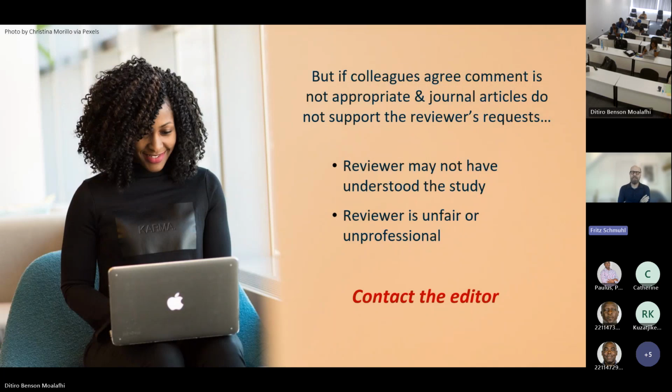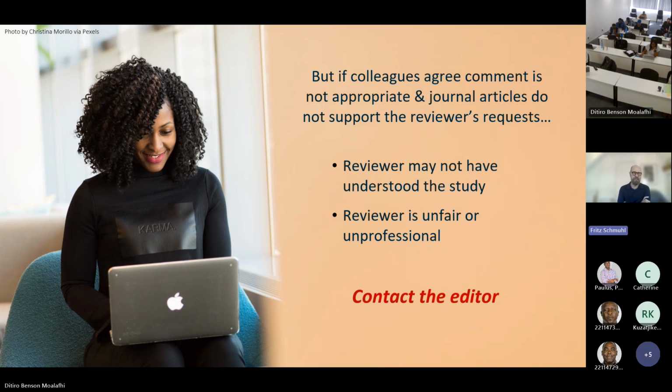It may be that there's agreement that some of the comments made by the reviewer could perhaps be due to the fact that they didn't actually understand what you meant. It could be that they didn't quite understand the study. It could be that they feel that the comments made were in fact unfair or unprofessional.